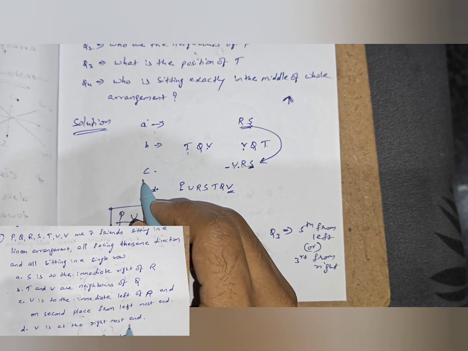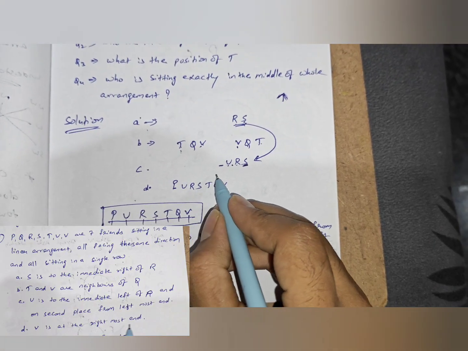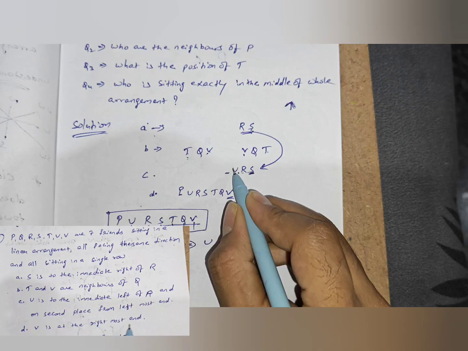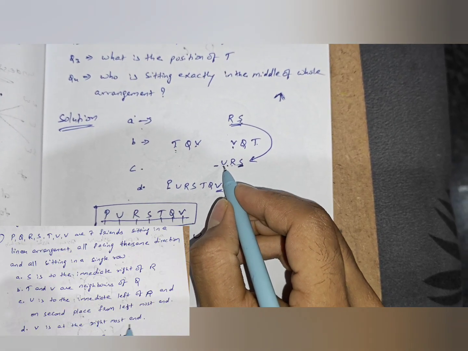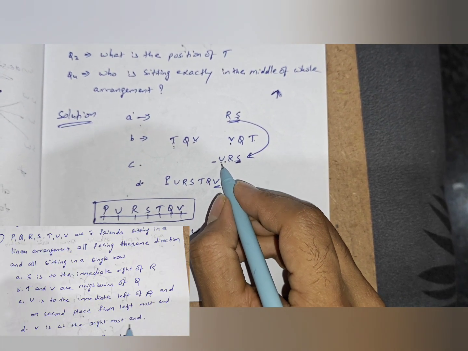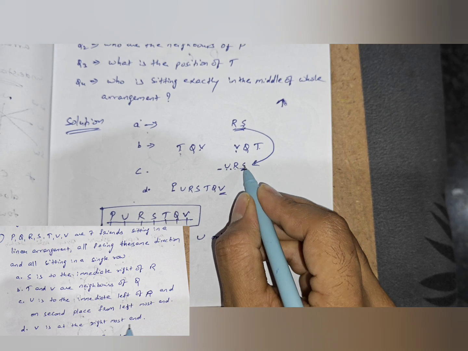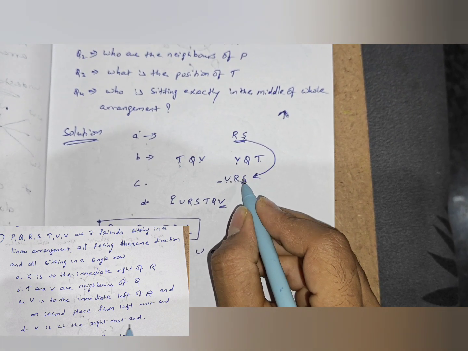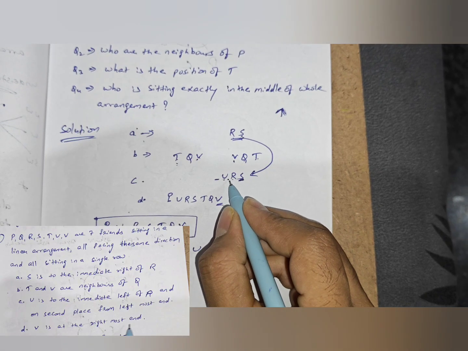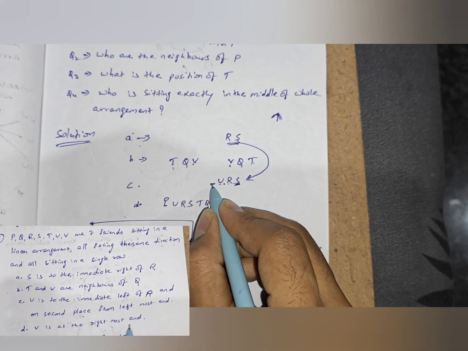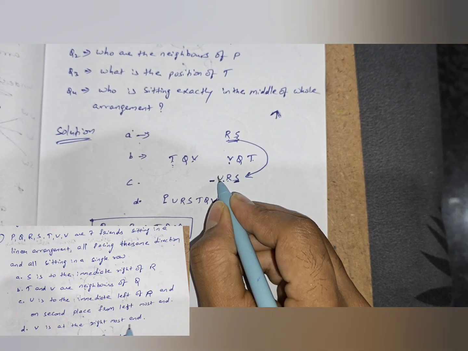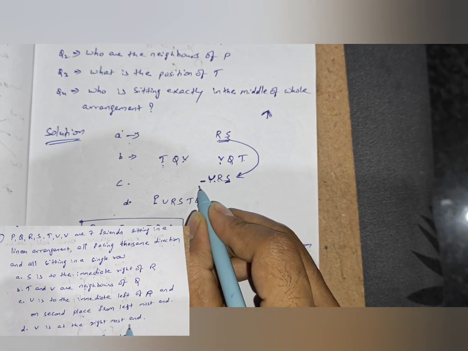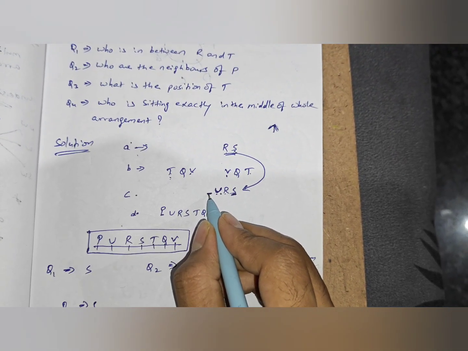Now using statement C, U is to the immediate left of R. So R is here, U is here, and U is on the second place from the leftmost end. So the only possible thing is there is one position here, and this is U, second from the leftmost end.